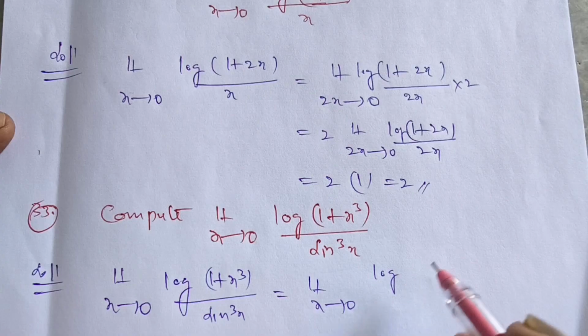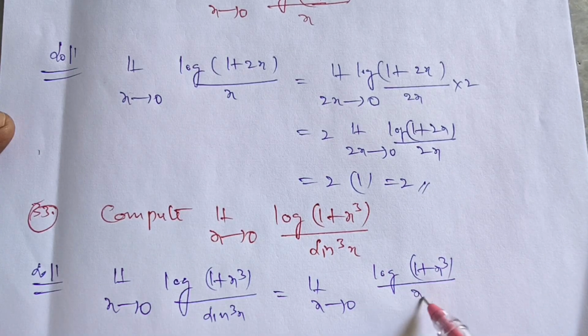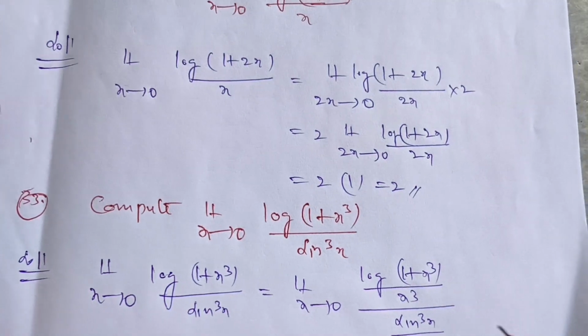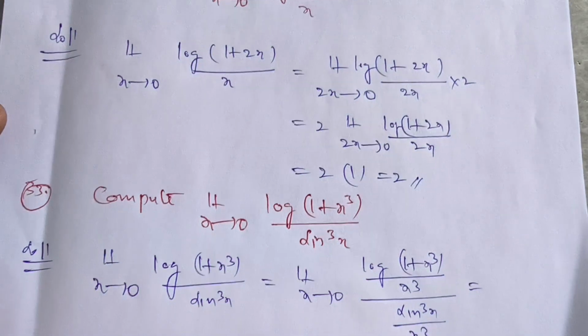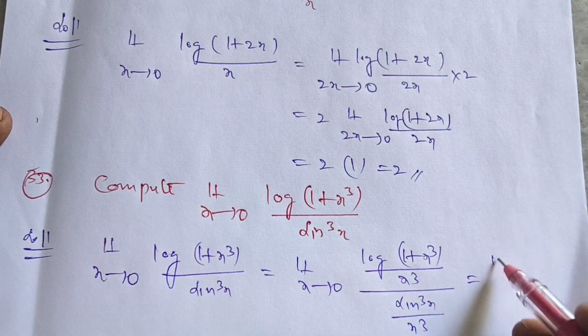Compute limit x tends to 0, log of (1 plus x cube) by sin cube x. So to solve this, divide numerator and denominator by x cube like this. Now apply limit to numerator and denominator.